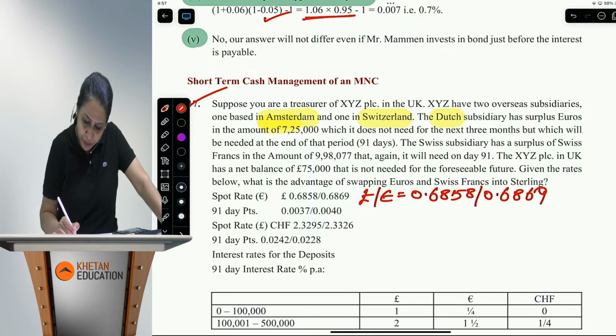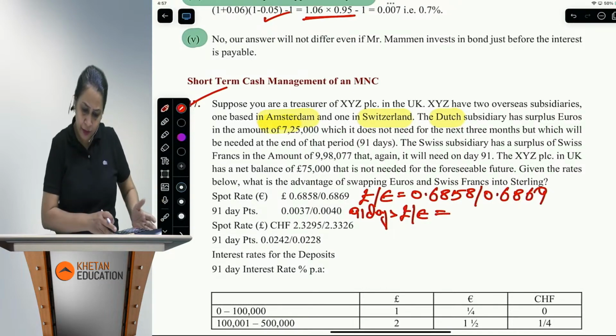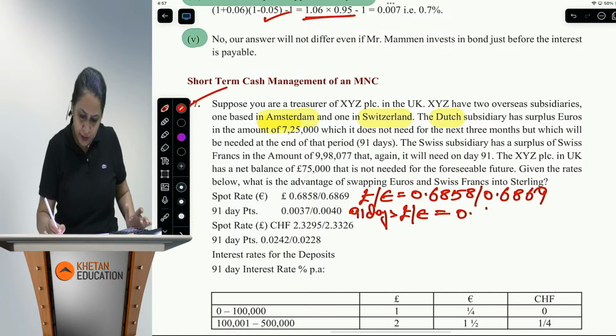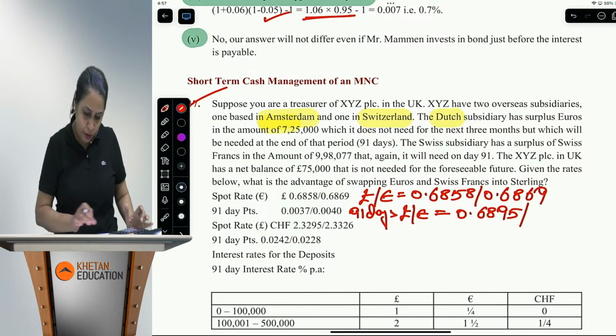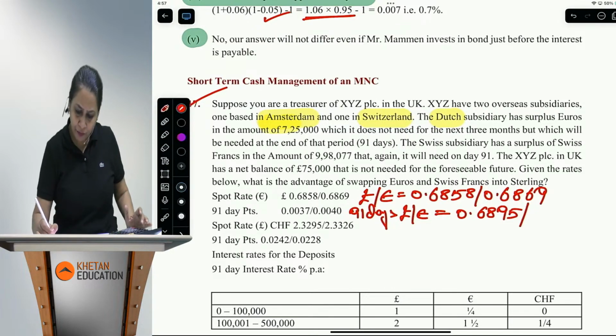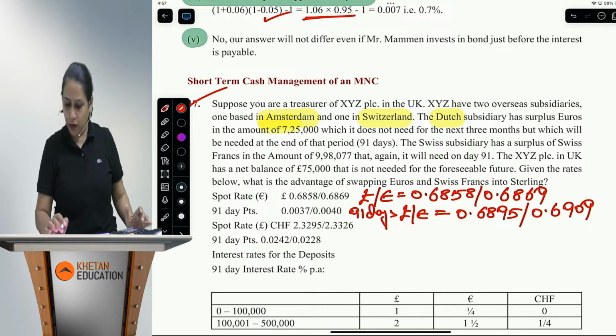Then 91 days pound per euro will be, it is low high guys, so 0.6858 plus 0.0037, I get 0.6895. And then you have 0.6869 plus 0.004, that gives me 0.6909, correct? Okay, fine.